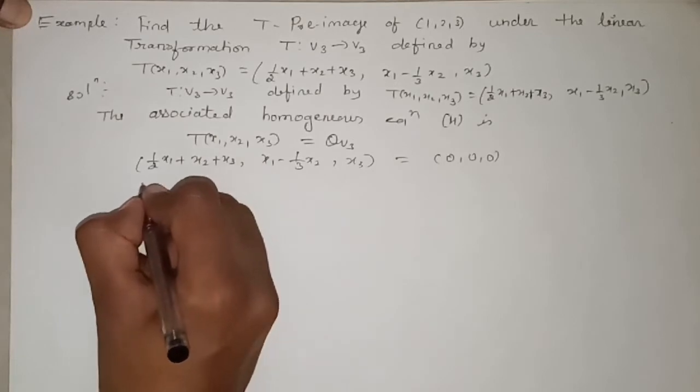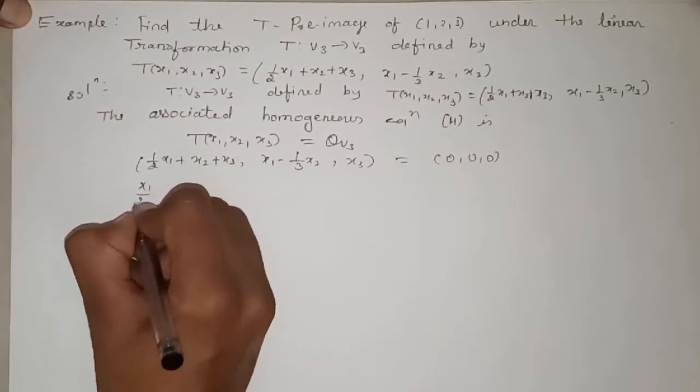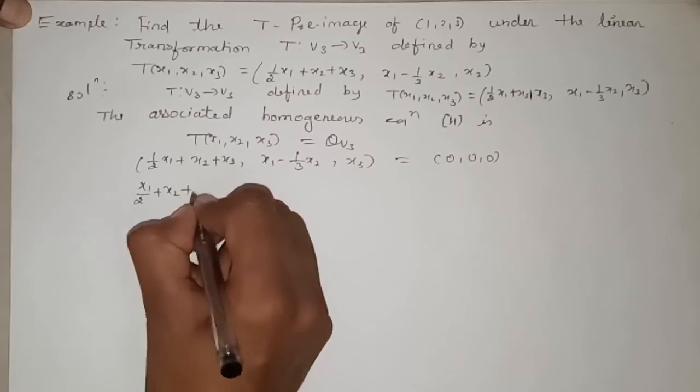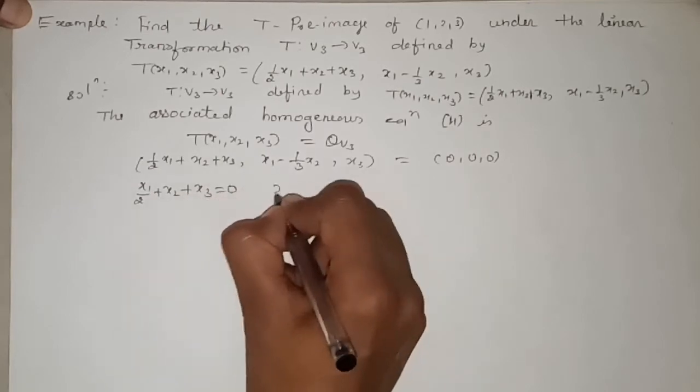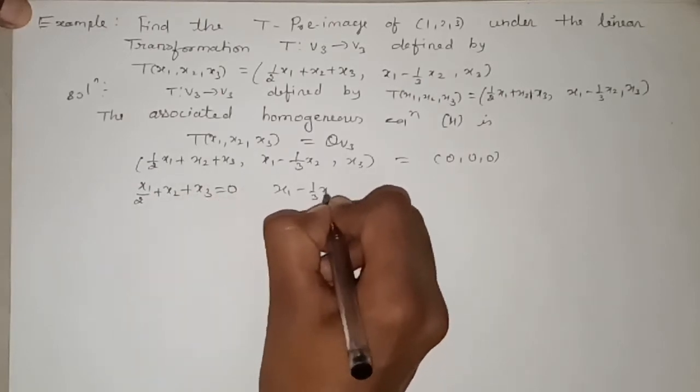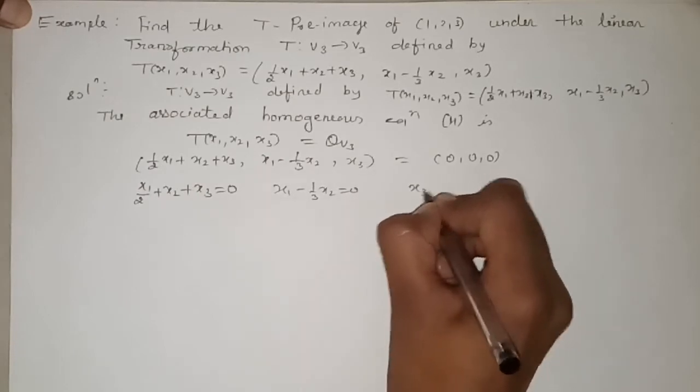Now from this, x1/2 + x2 + x3 is equal to 0, x1 - 1/3 x2 is equal to 0, and x3 is equal to 0.